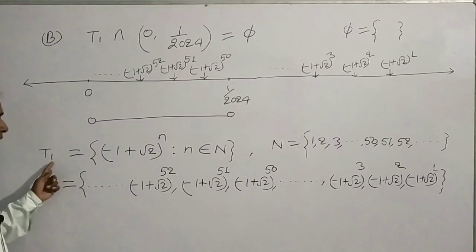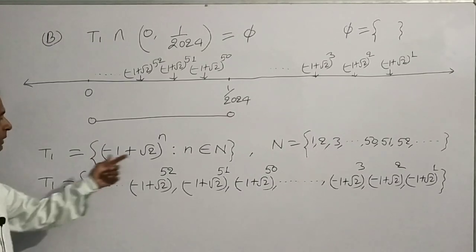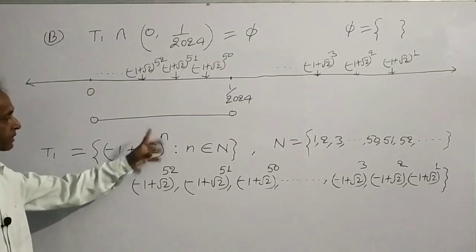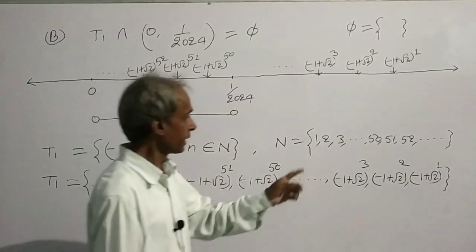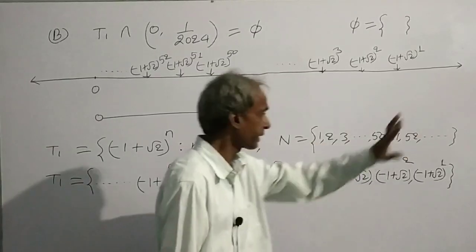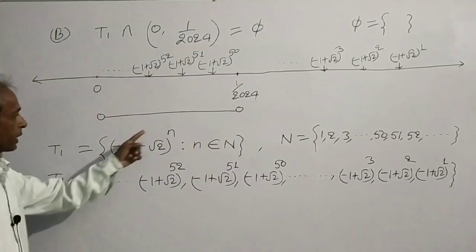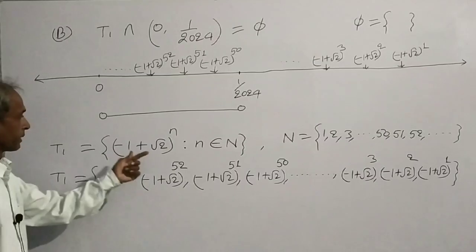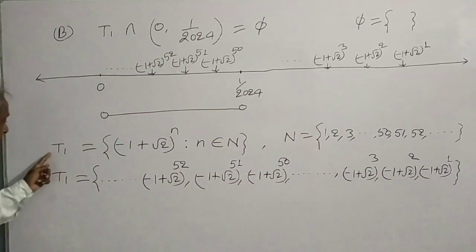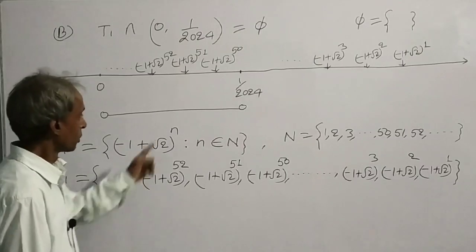Since in the question it is given that T1 is this set, and here in place of n we will put numbers 1, 2, 3, etc. When we put 1, then this number is present in this set T1.